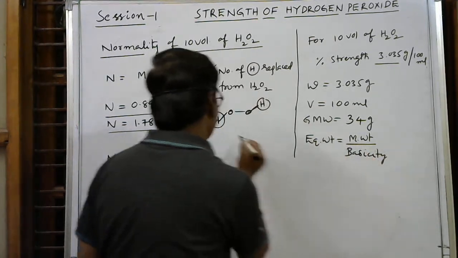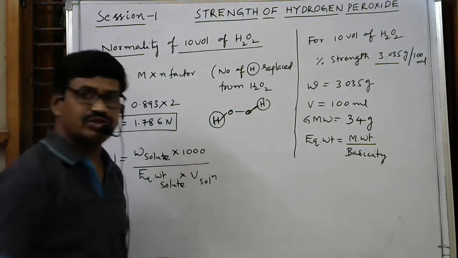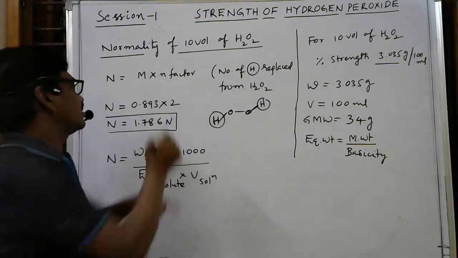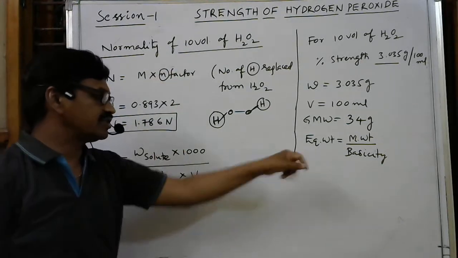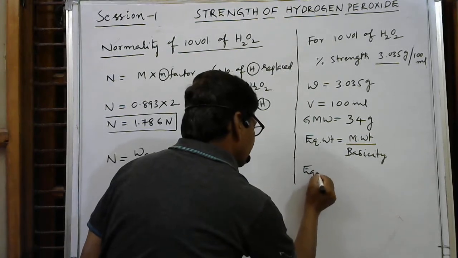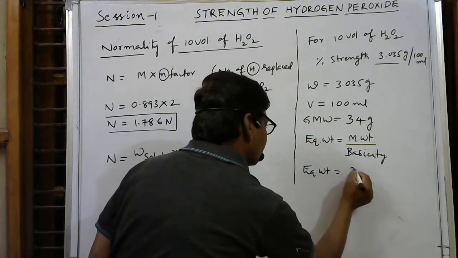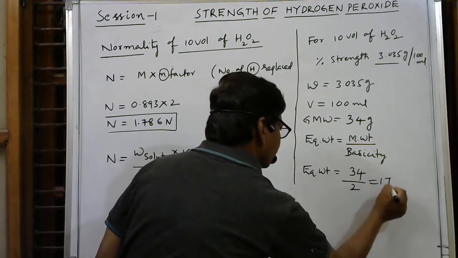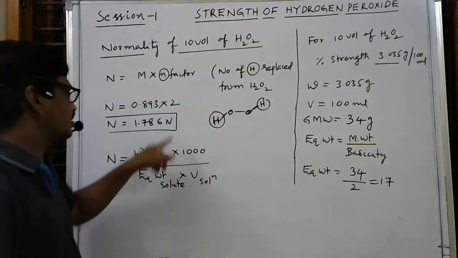Basicity is nothing but the number of replaceable hydrogens only. How many hydrogens are replaced? Otherwise what is the n factor? That is nothing but basicity. So equivalent weight equal to molecular weight 34 by basicity 2. It is 17. If we substitute 17 here, we can get the same answer.